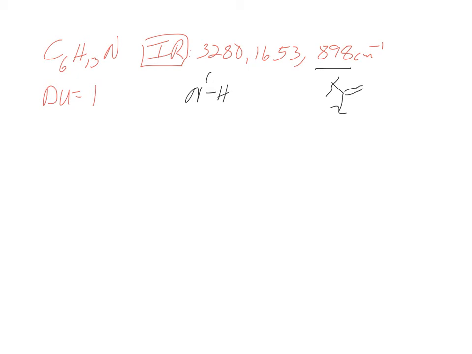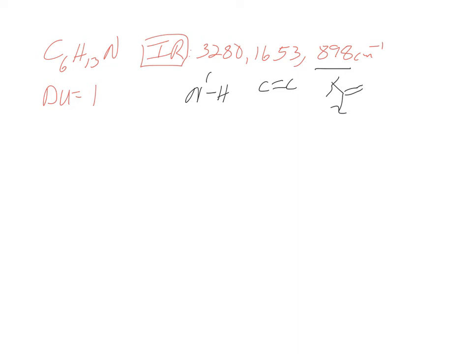So that's for sure telling us we have an alkene. So then that makes me think 1653 is probably a C double bond C, right? Because I can't have an alkene and a carbonyl because I only have 1 degree of unsaturation. So I'm guessing this is a C double bond C, and I know exactly what type. It's a terminal disubstituted alkene. Good. Awesome.